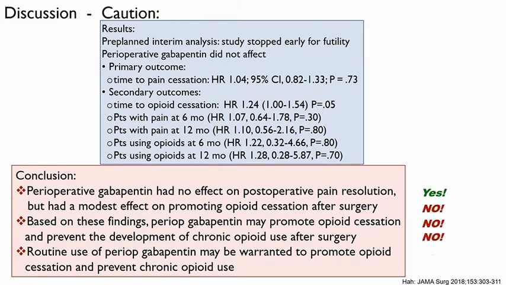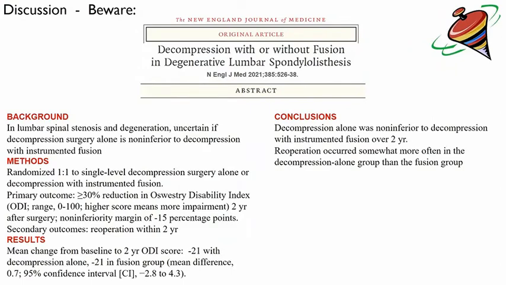And you can't use these results to say that gabapentin may be warranted to promote opioid cessation and prevent chronic opioid use because it didn't do any of those things. So here's a total mismatch of the conclusions to the results. Spin. Another one, which recently appeared in the journal that must be believed.